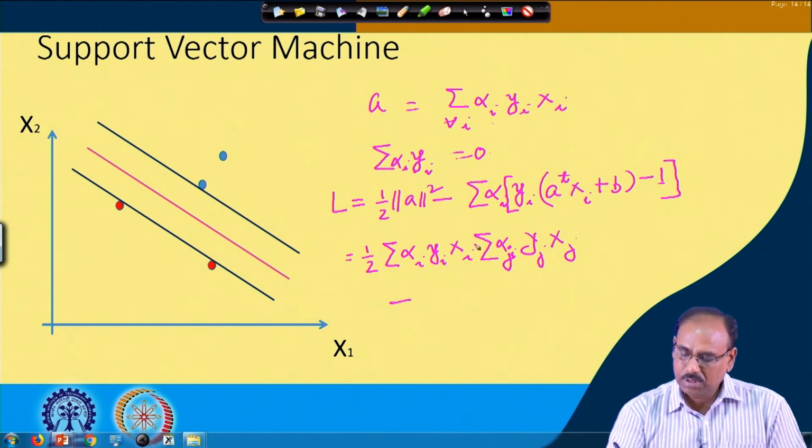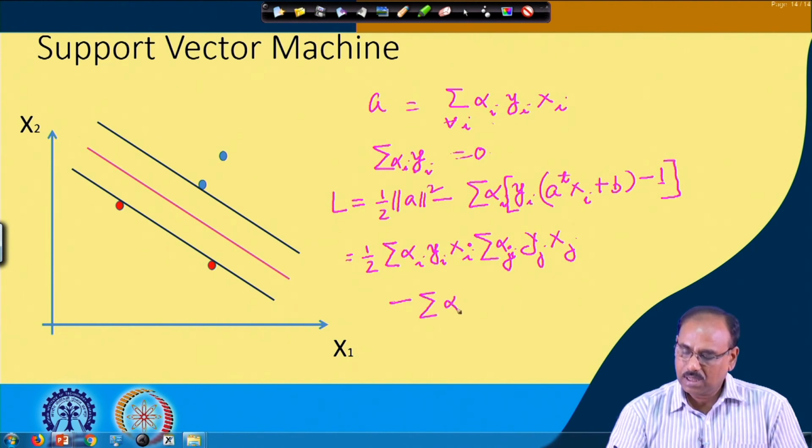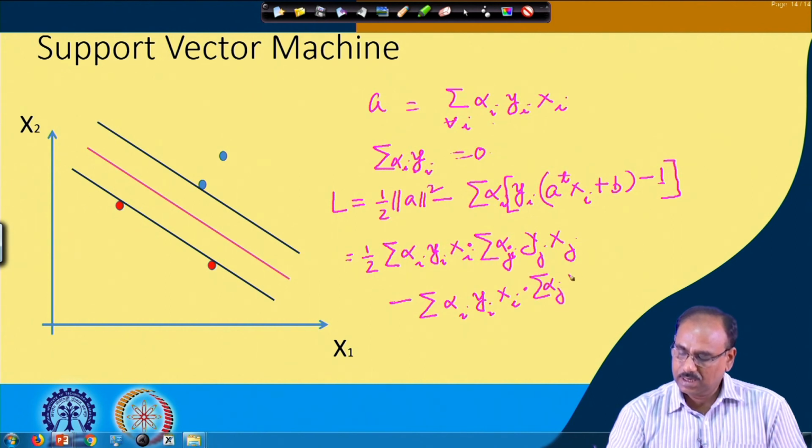A transpose A is nothing but A dot A, so let us put it as a dot product. Over here again it becomes sum of alpha I, yi, xi, again dotted with sum of alpha j, yj, xj.